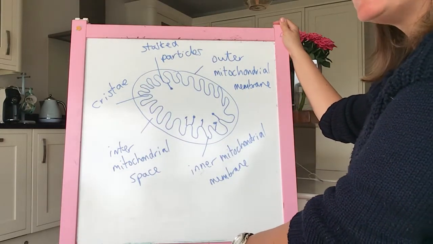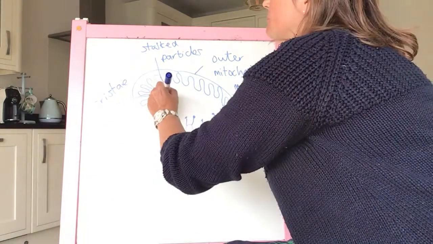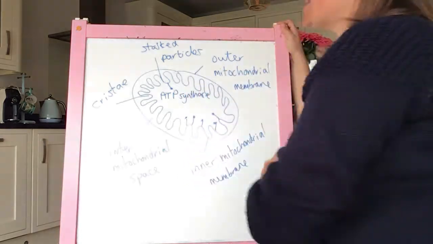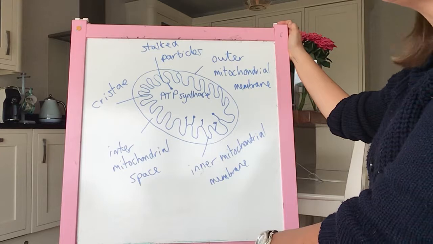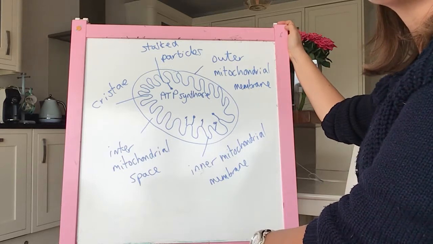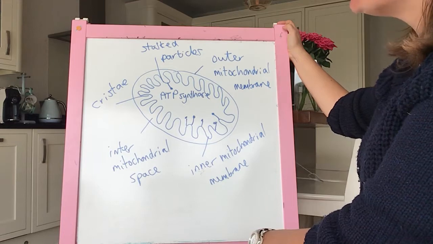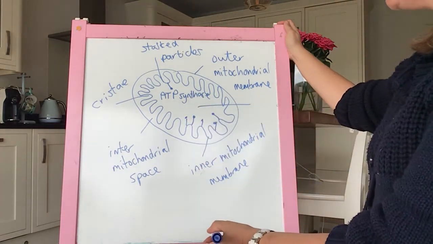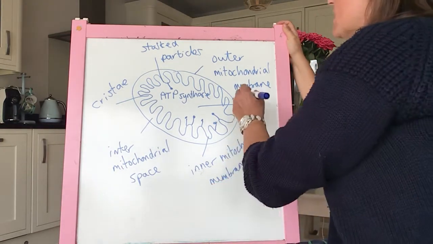They are actually an enzyme called ATP synthase. And yes, you've guessed it, their job is to make ATP later on in the respiration process. The only other thing now that I would like you to note is the jelly that's in the middle of the mitochondria, and that is known as the matrix.